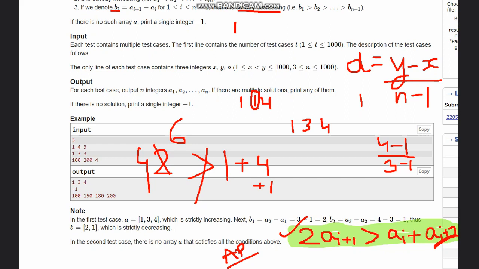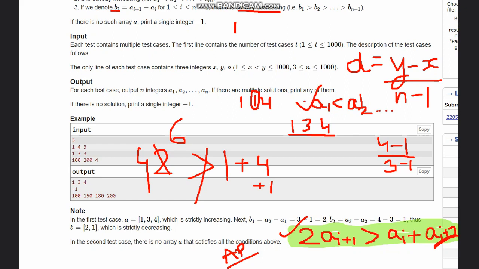So we can calculate by this, and at last we check if all the elements obey the condition of ai also, which means a1 is less than a2 and so on.